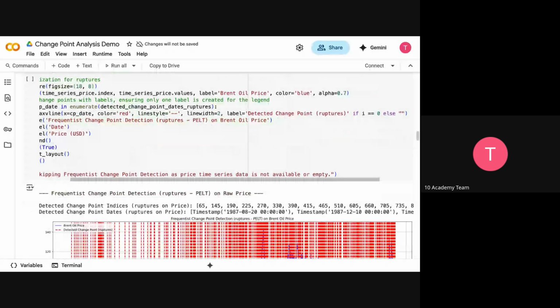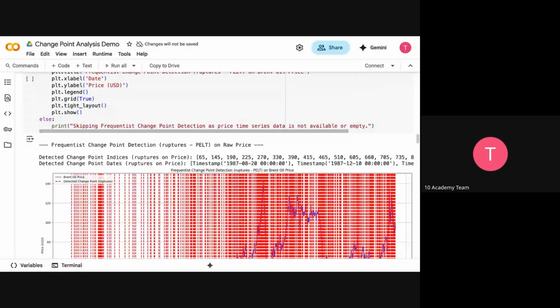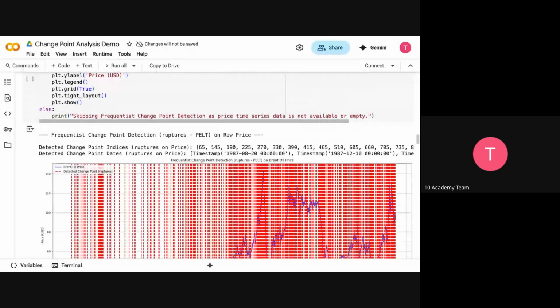So here you can see the change point indices, and here you can see the date and the price. You can see the change point detected indices, which is just the point where the change occurred, and the date where the change occurred.